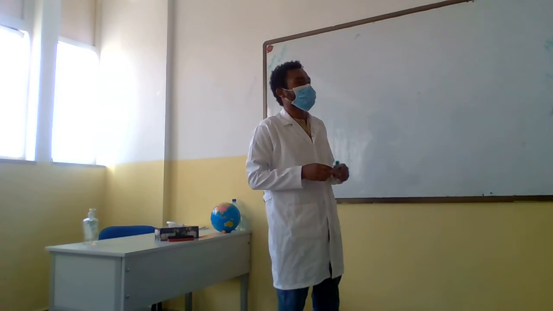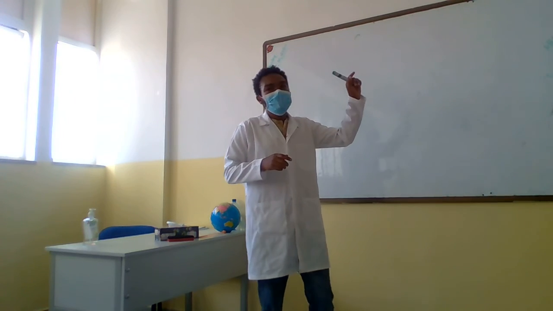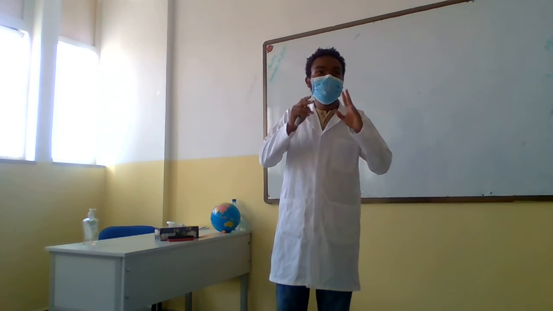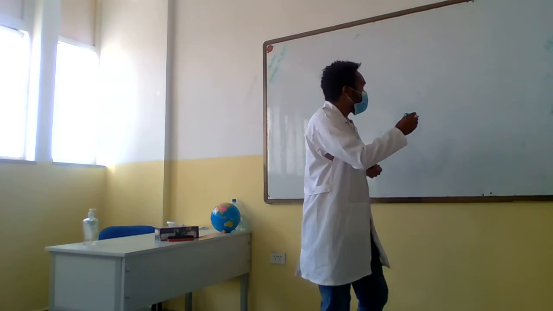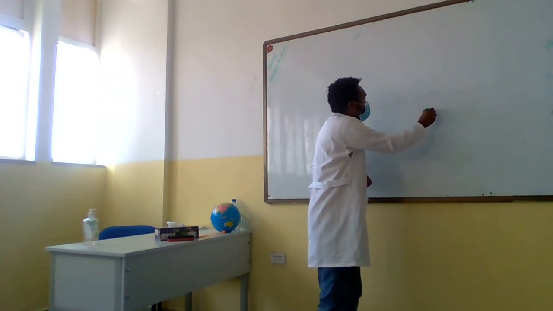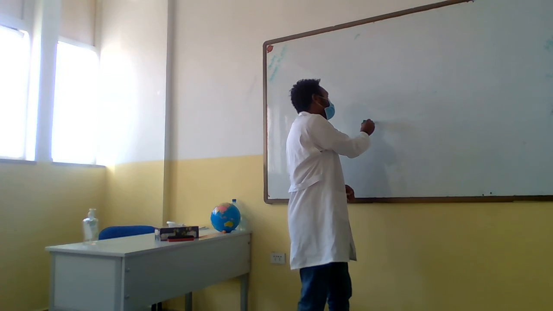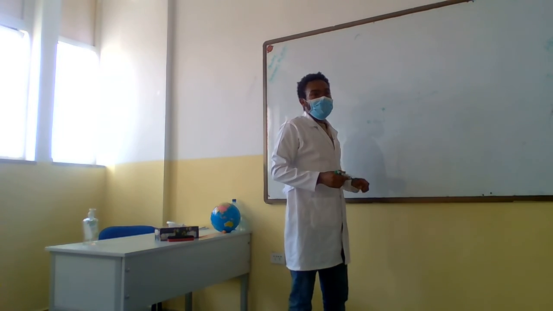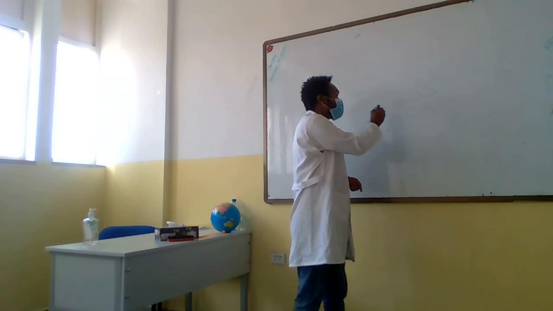Just to summarize our today's lesson, listen up, students. The thing that we learned was about imaginary lines. Those two imaginary lines are latitudes and longitudes. As I have said, latitudes are imaginary lines, the angular distance north to south from the equator.